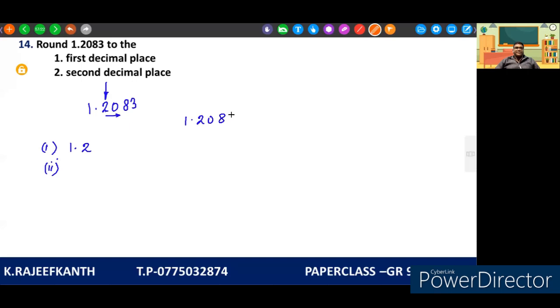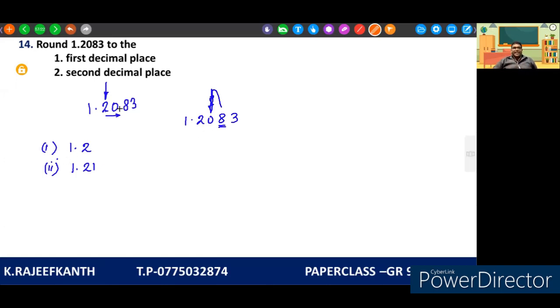1.2083. Now we have to round to the second decimal place. This is the second decimal place. Now we have to check the next digit. That is 8. That is more than 5. So we have to add 1. Then the answer is 1.21. If the next digit is less than 5, no need to add anything.